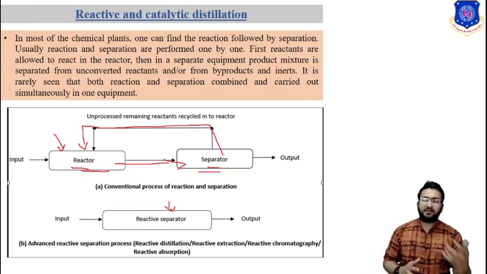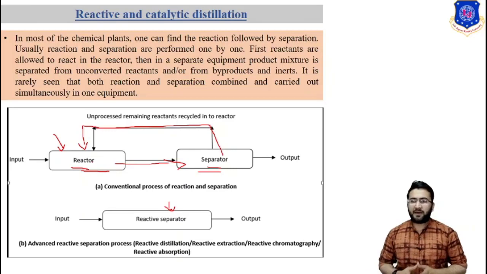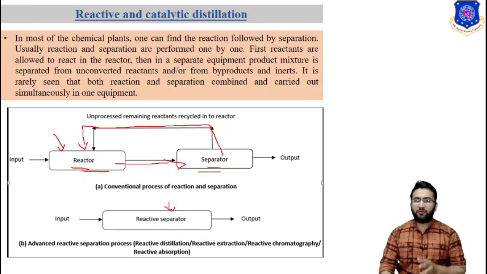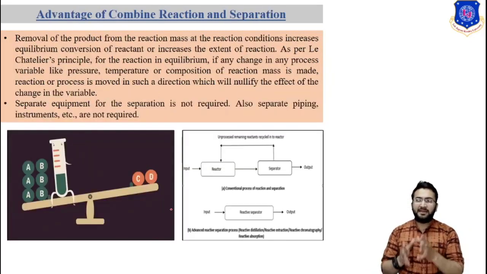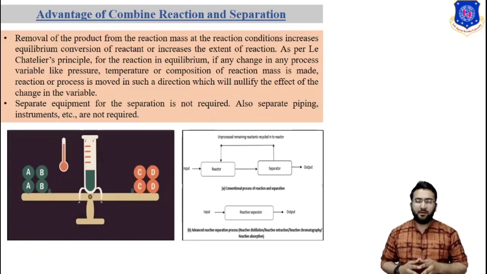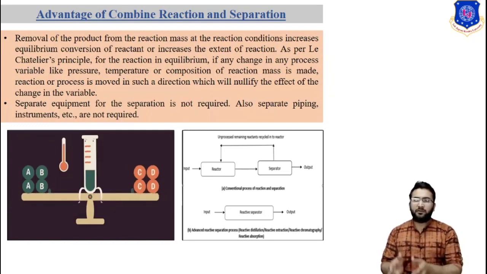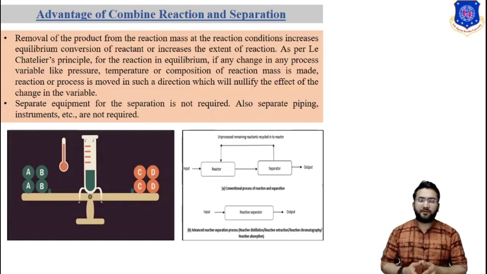So let's discuss the various advantages of using one vessel for the reaction and separation. There are mainly two advantages of carrying out reaction and separation in one equipment. First, removal of product from the reaction mass at reaction condition increases the equilibrium conversion of reactant, or the extent of reaction.